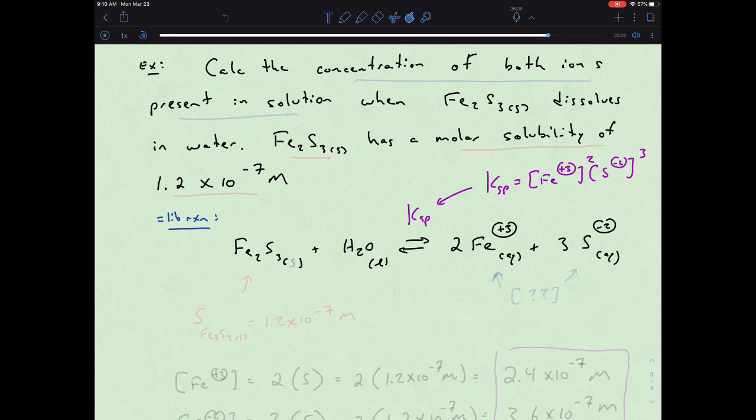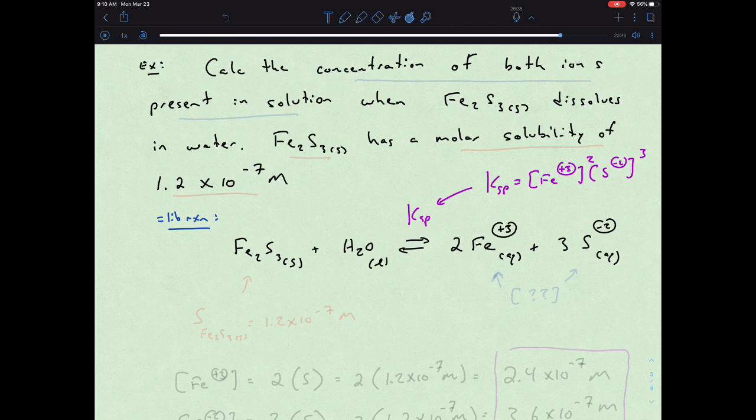Notice the stoichiometry, very important, with the iron and the sulfur being squared or cubed respectively. But there is no denominator, no starting materials in that representation, because the materials are solid or pure liquid in terms of their phase. The ferric sulfide is a solid, so it doesn't have a molarity, and the water is a pure liquid. It doesn't have a molarity either. That's why we don't put them in the KSP expression, and that's getting a little ahead of ourselves here.